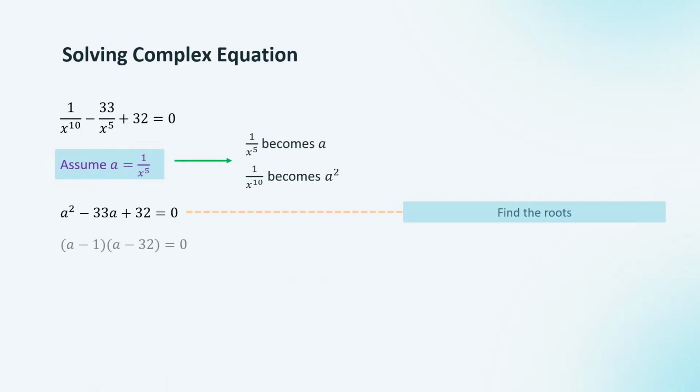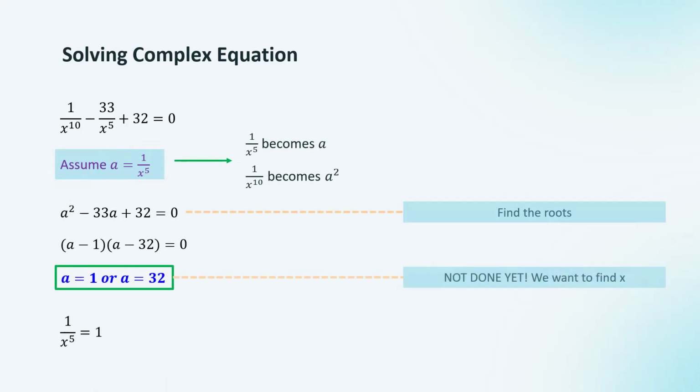We can try to factorize this, and we have the a values. Again, we can try to find the x. So the first one is going to be 1 over x to the power of 5 equals 1, which means this results in x equals 1. And then the next one, 1 over x to the power of 5 equals 32, and this results in x equals 1/2.